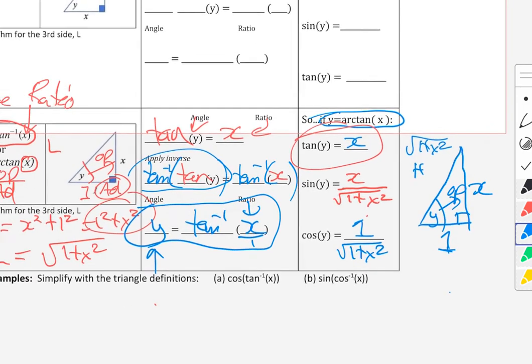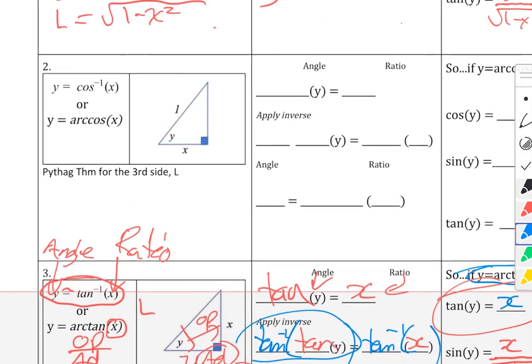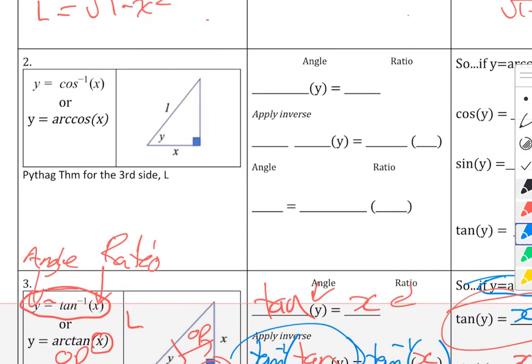Here's what I'd like you to do now. On your handout, you're going to fill in number 2 by yourself. What you're going to do is work with cos. First of all, angle y, I'd go across here to say opposite. We don't know the opposite, but we definitely know the hypotenuse is 1, and we know the adjacent is worth x.